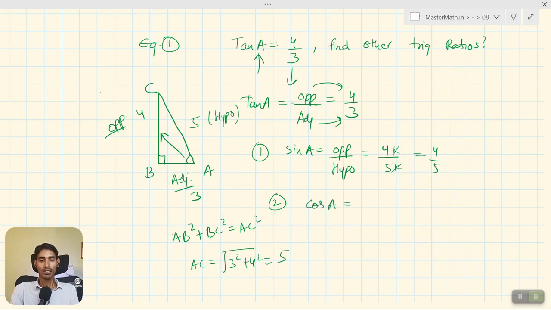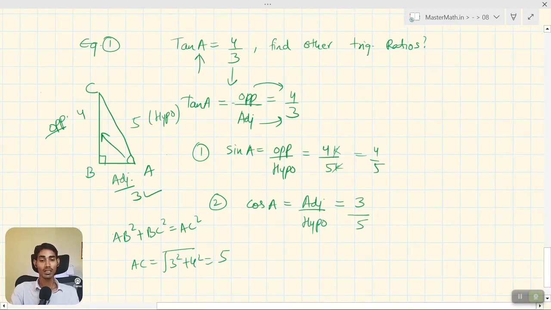Second is cosine, which is adjacent by hypotenuse. Adjacent is 3 and hypotenuse is 5. Tan we already have. Tan is given 4 by 3.